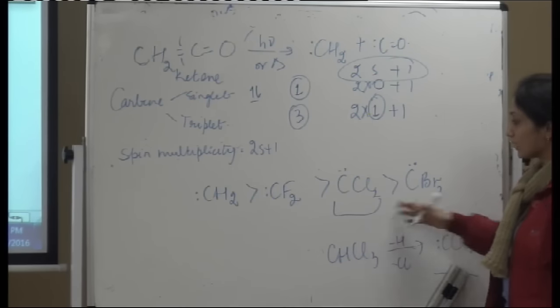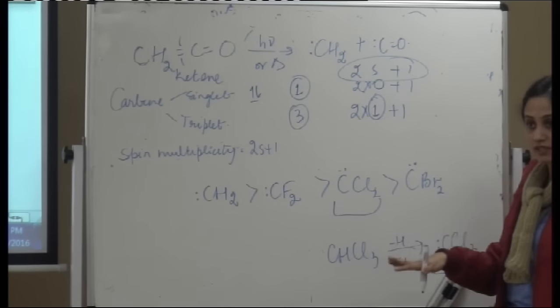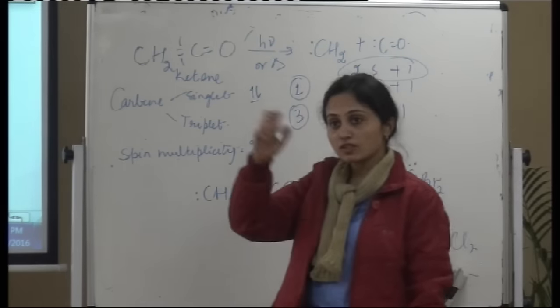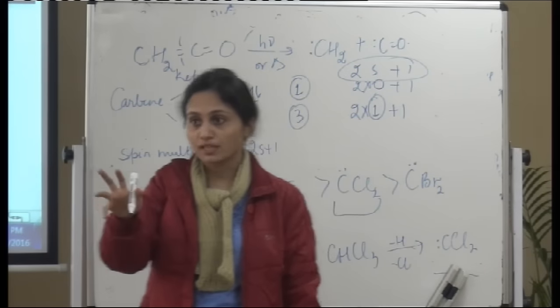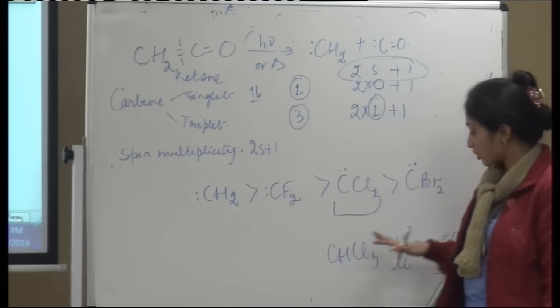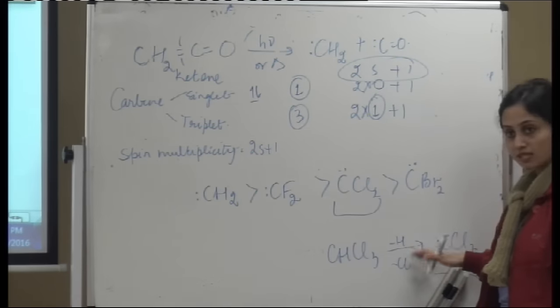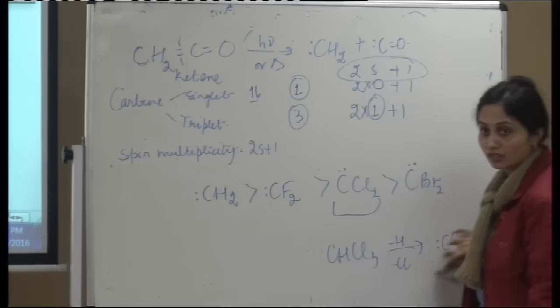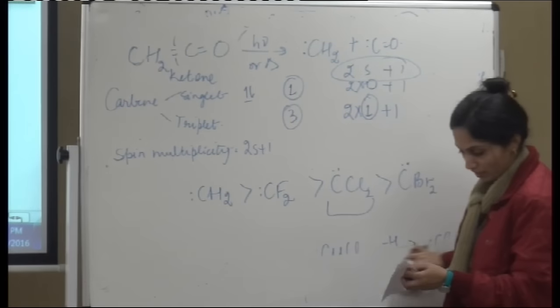So you can think about any kind of starting compound from which the elements can be taken out from the same carbon atom, and if you are able to develop a technique by which they come out from the same carbon atom stepwise, then you can get a carbene. So the order of stability of carbenes is important.